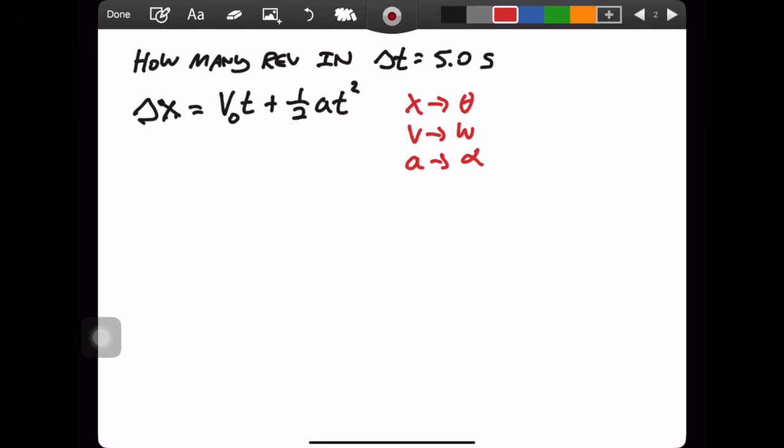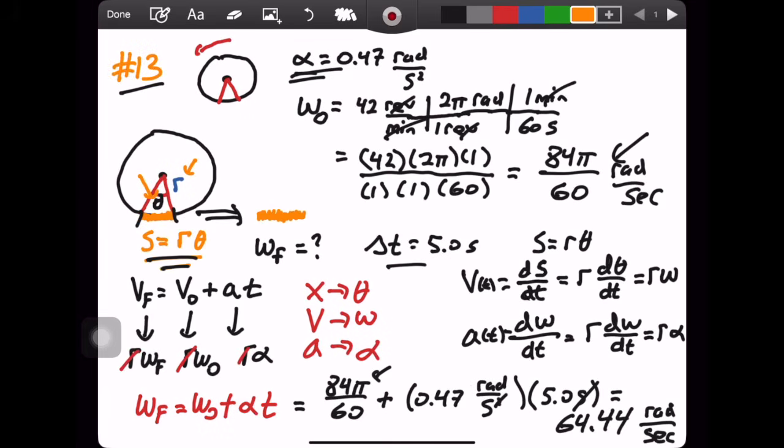Remember, this is all based on the idea that if you have some angle theta, your arc length right here, s, is equal to r theta. So if you plug the relationship into all the equations, the r's are going to cancel, as I already showed you that they cancel out right here.